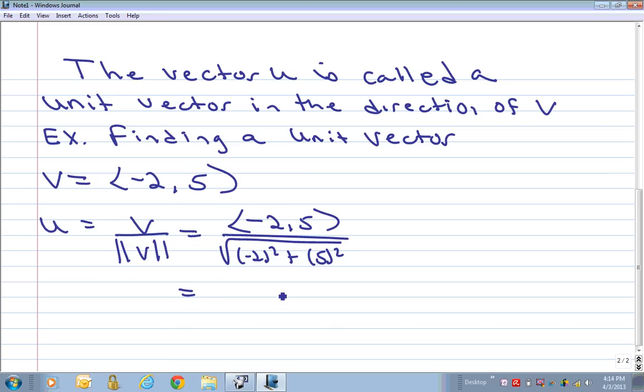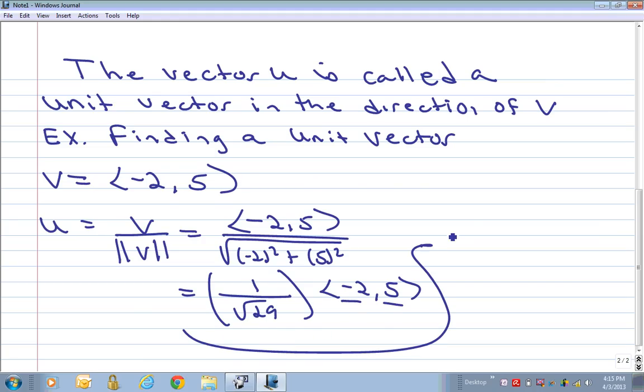And we would get 1 over the square root of 29 times the vector -2, 5. So this 1 over the square root of 29 becomes our scalar, which is a multiplier to both the -2 and the 5.